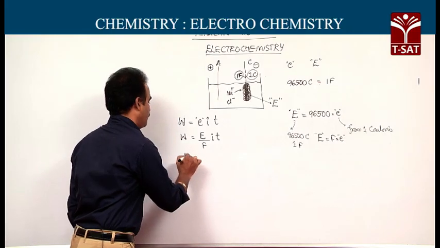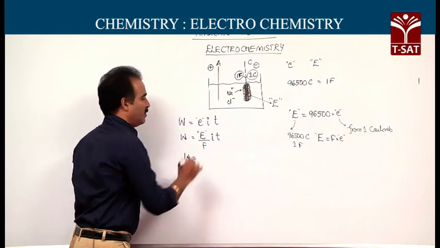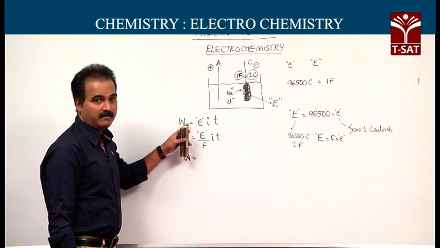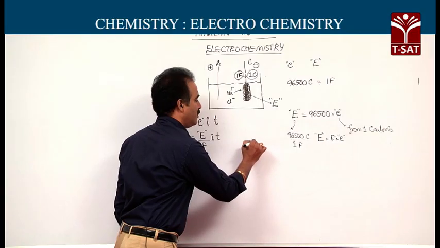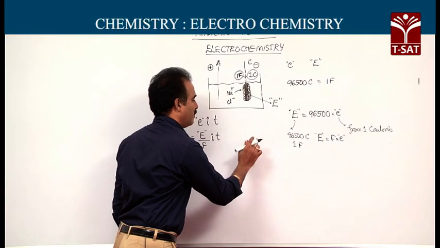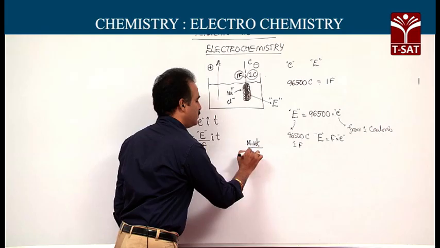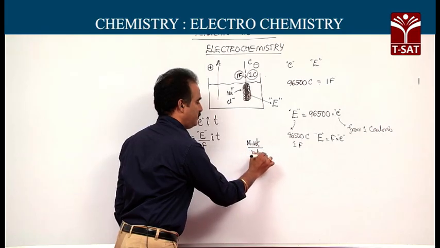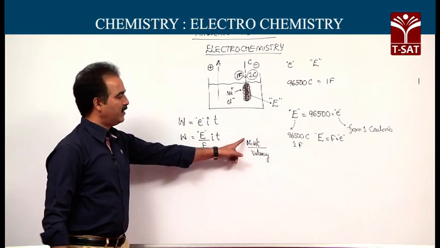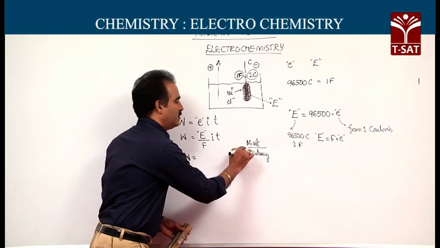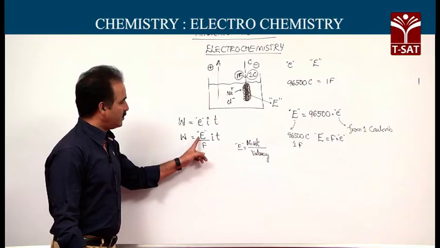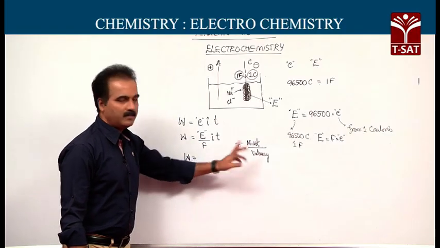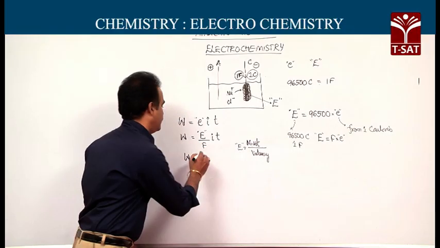Now we know chemical equivalent, that is equivalent weight of the substance, is nothing but its molecular weight by its valency. Molecular weight by valency is nothing but chemical equivalent, capital E value.